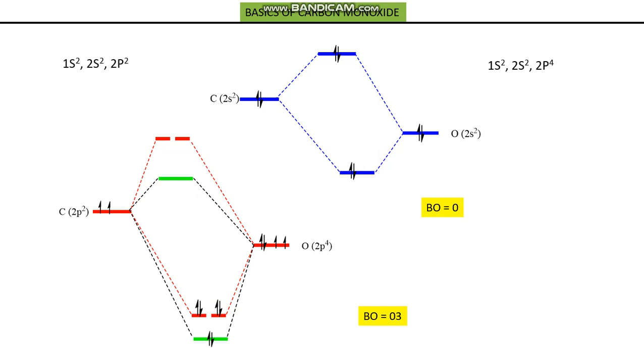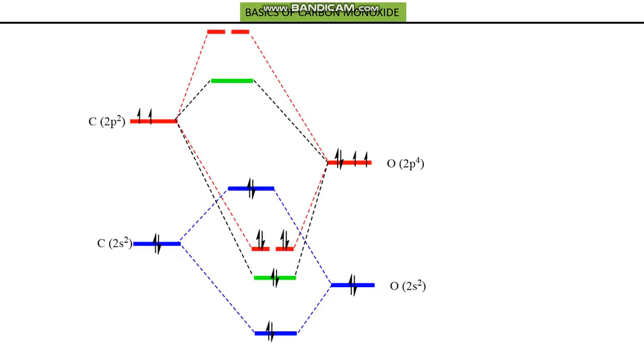Let us now combine these two figures. Whenever we combine these two figures, this is the collective figure of the bonding representation in carbon monoxide. Now we have to explain further concepts on the basis of this combined orbital diagram, where s and p are both involved in bonding.